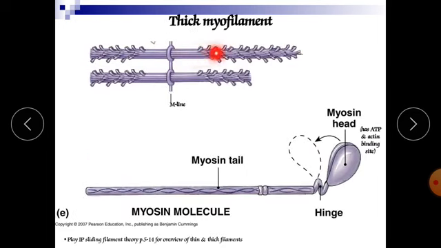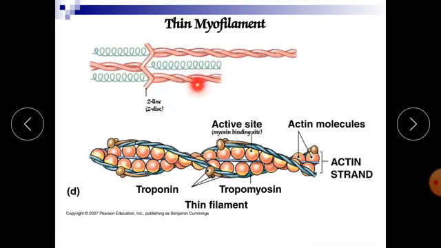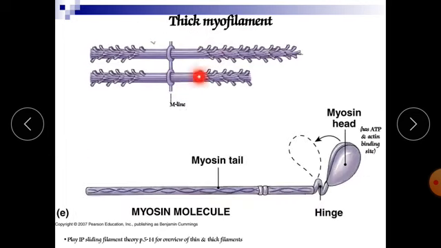Now here this is the thick filament. Here you will find the M line. In the thin filament there was the Z line or Z disc, and in this thick filament there is the M line, and this is the myosin tail. This is the myosin molecule, and it has a zigzag shape.